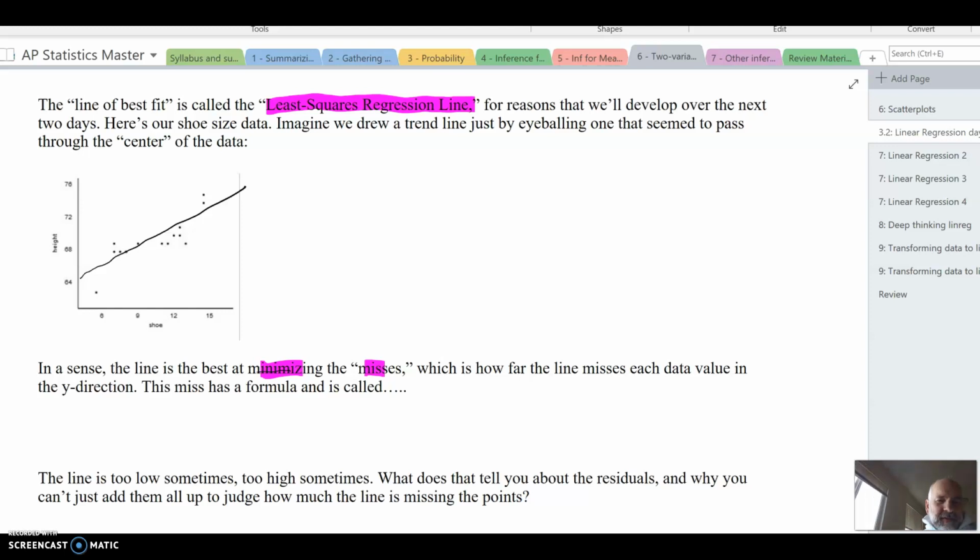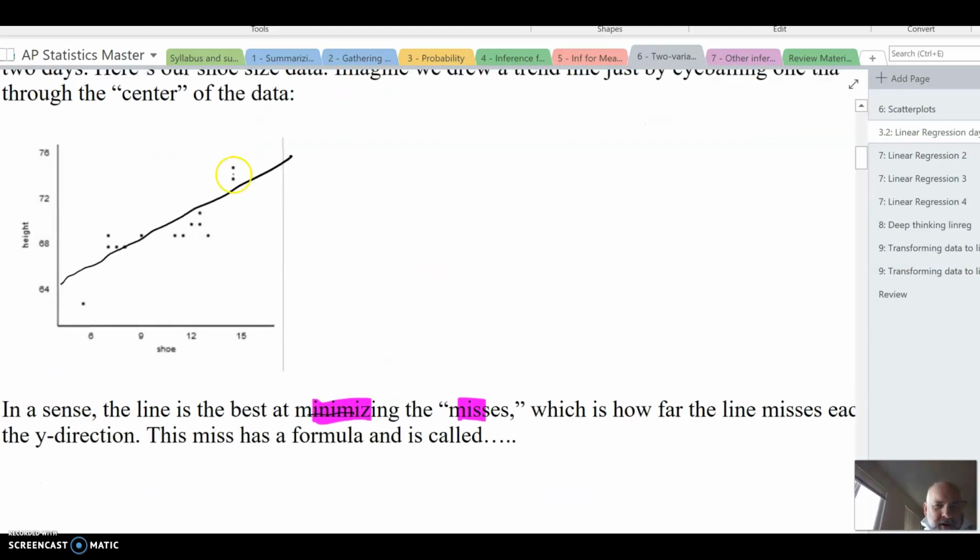If you think of it, the misses are this little distance right here, or this distance right there, or that distance right there. It's how far each point is off of the predicted line. The points aren't misses, those are just spots where the line estimates what the value is, and for some reason that data point doesn't happen to be on the line. In fact, you usually won't be on the line, as you can see.